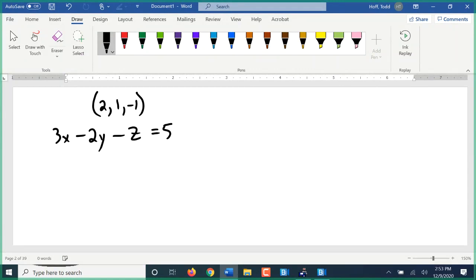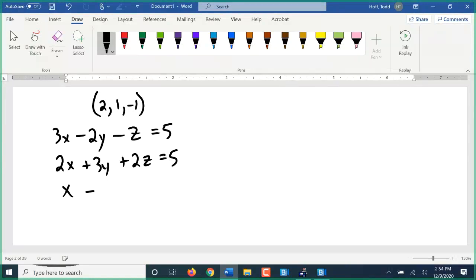So we've got 3x minus 2y minus z equals 5. 2x plus 3y plus 2z equals also 5.